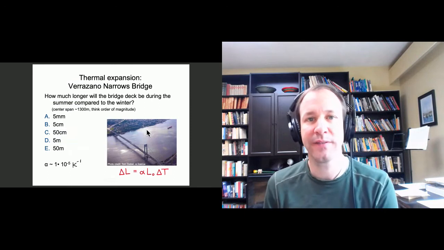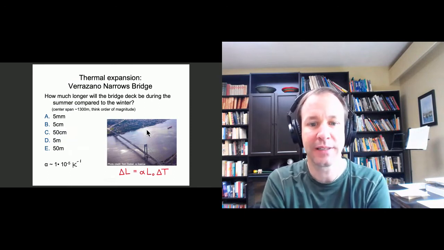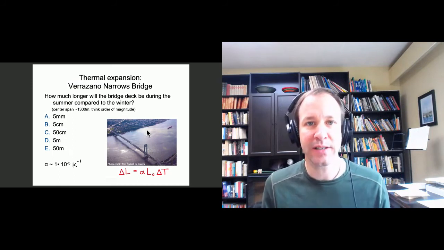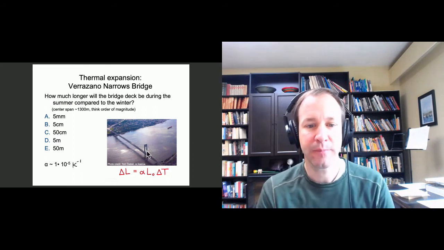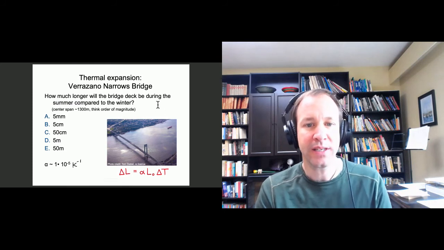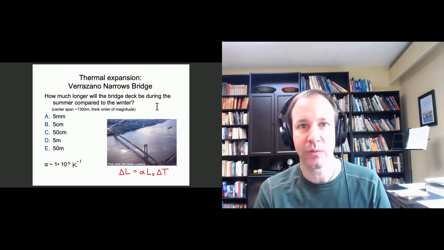Okay, so just to give you a chance to process that formula, to get an estimate of how big the actual expansion is in a real world situation, I want to have you think about this question here. This is the Verrazano Narrows Bridge. I think it used to be the longest single span bridge in the world. The question we're going to ask is, how much longer will the bridge be during the summer compared with during the winter?